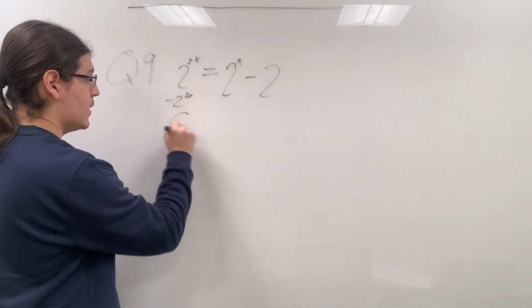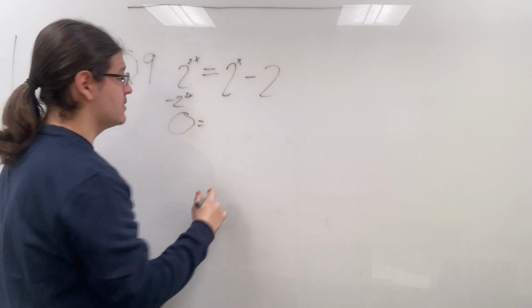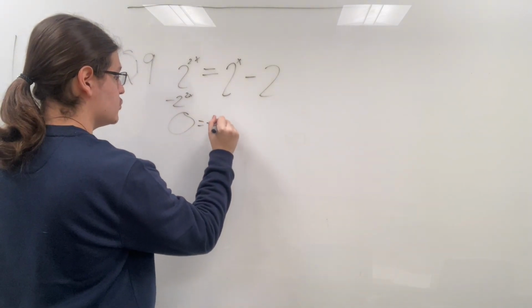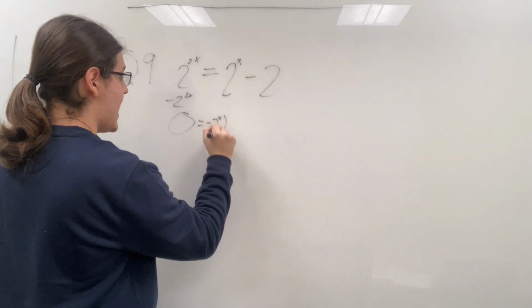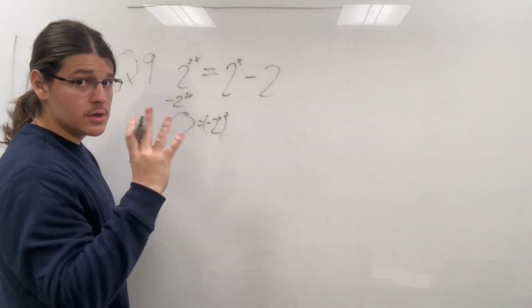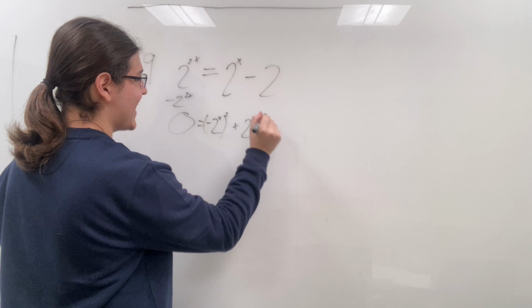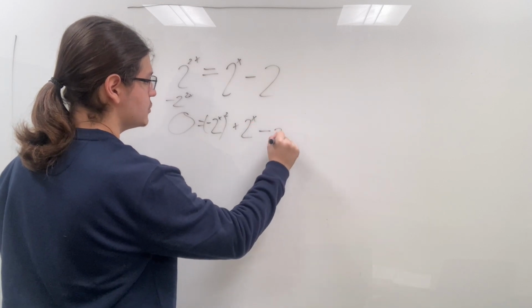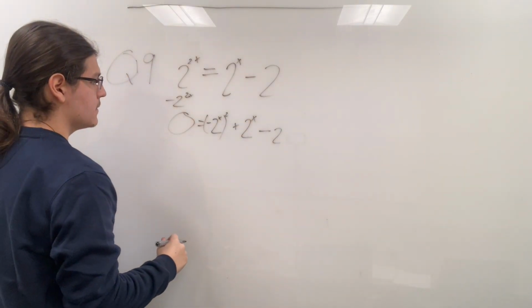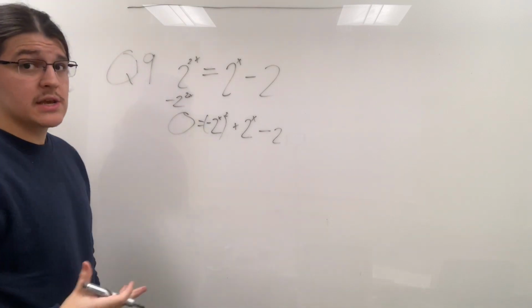And our new equation is going to be a quadratic again. Negative (2 to the x) squared, plus 2 to the x, minus 2. Now I'm going to do my substitution again.